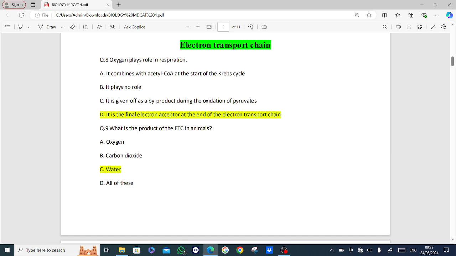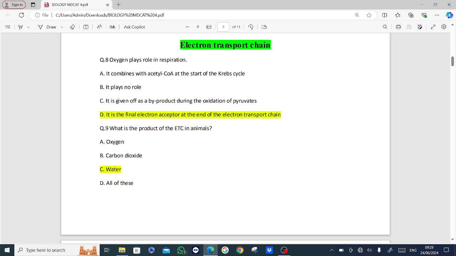It is given off as a byproduct during the oxidation of pyruvates. It is the final electron acceptor at the end of electron transport chain. Answer is option D. It is the final electron acceptor at the end of the electron transport chain.